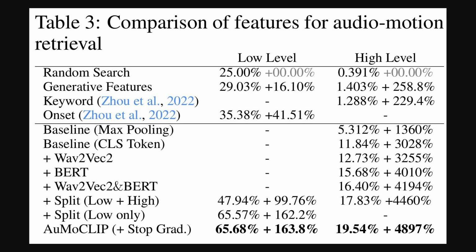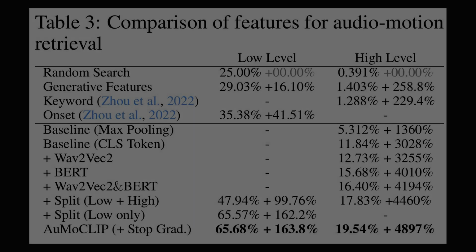And AUMOCLIP at the bottom significantly outperforms older methods, including those keyword or onset matching techniques used in audio-driven gesture video reenactment, with scores like 65.68% and 19.54%, which is a big improvement.